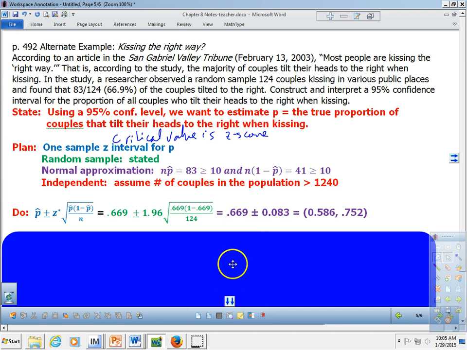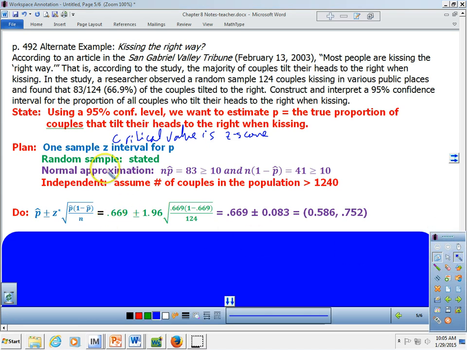Now, to show your work, you're going to come up with the formula first. Now, if you don't write the generic formula, p hat plus or minus z star times the square root of p hat times 1 minus p hat all over n, that's okay. But you've got to at least show the numbers broken out in this way.